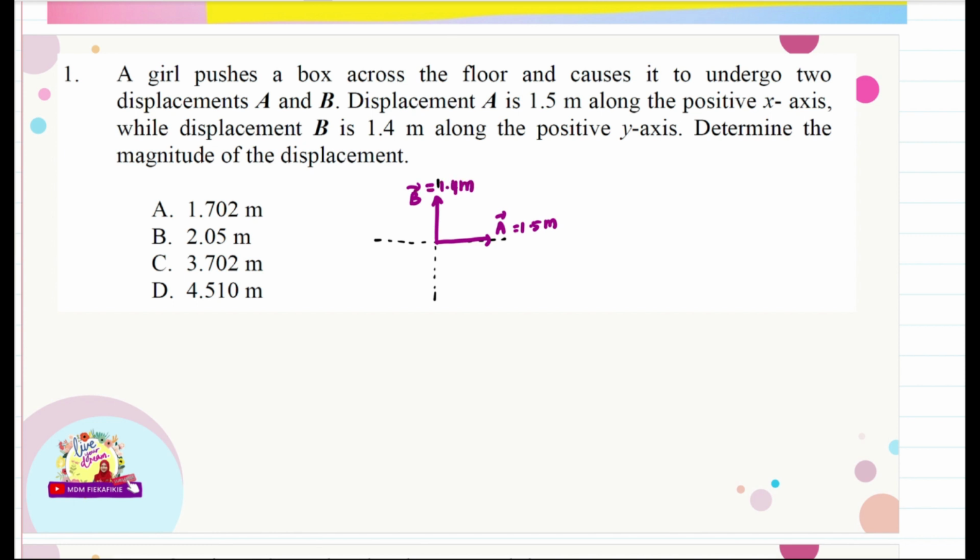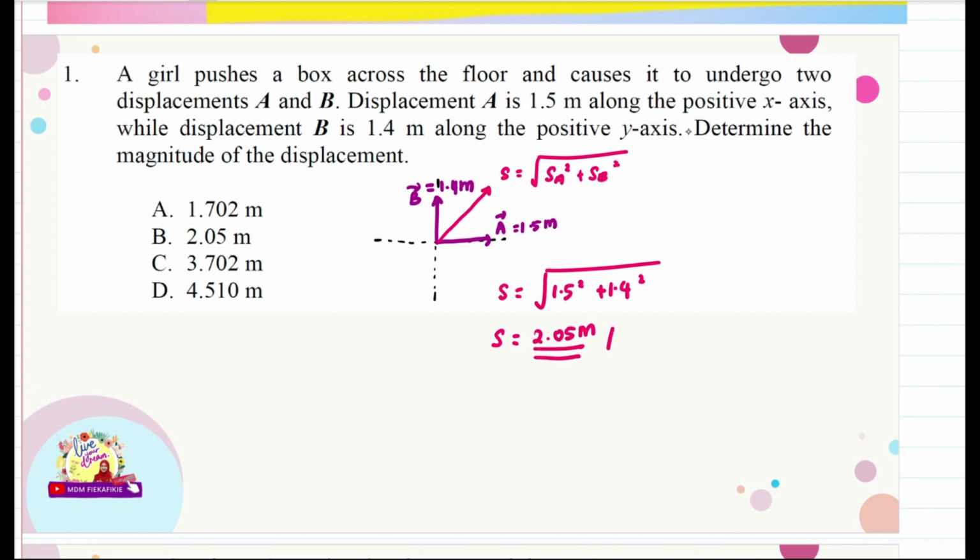Okay, so we want to find the displacement, which is S is equal to square root SA squared plus SB squared. Okay, so when we substitute, SA squared adalah x-axis, so 1.5 squared plus 1.4 squared, and finally the answer is equal to 2.05 meter.